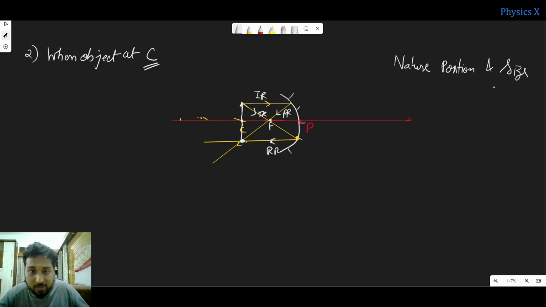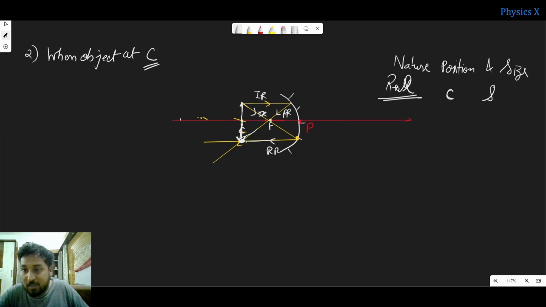Both these reflected rays are meeting at this point. So this will be the top of the image. So they are actually meeting, so the image formed will be real. The position of the image is obviously at C only.